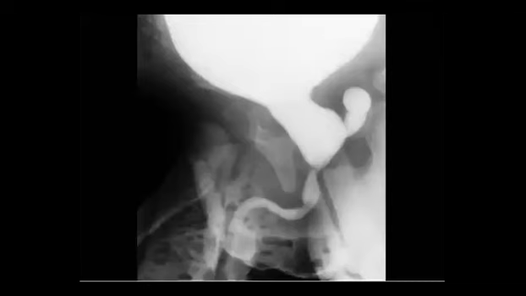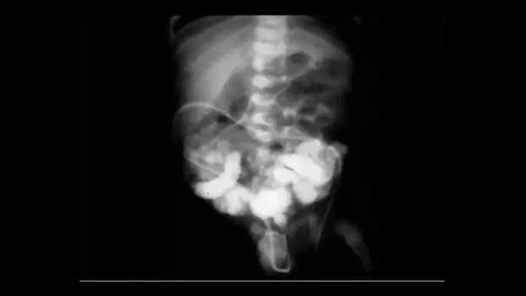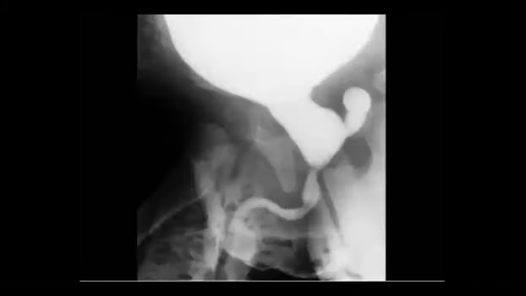Then I show you this one with the cystogram. So do you remember now the difference between the posterior urethral valve and the prune belly with abdominal wall deficiency, maybe bilateral cryptorchidism or undescended testis, hypoplasia, and here dilatation of the ureters.